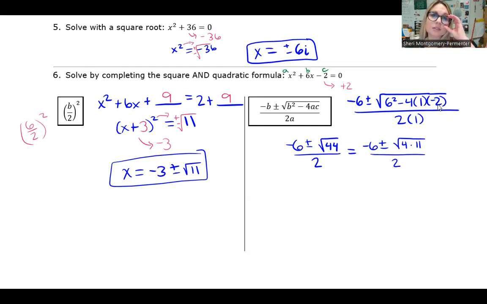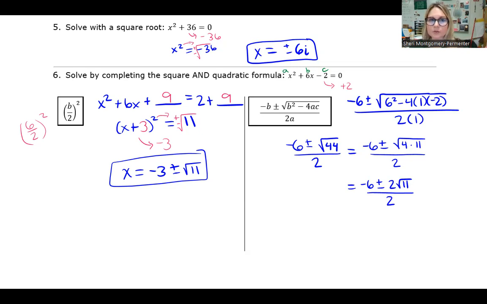So that means that the square root of 4 can reduce. What's the square root of 4? 2. So -6 plus and minus 2 square root 11 all over 2.